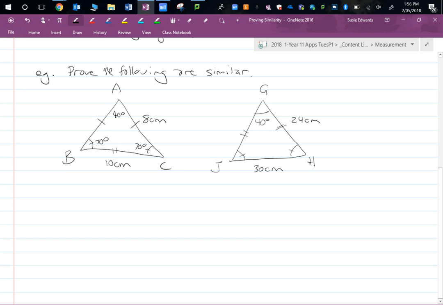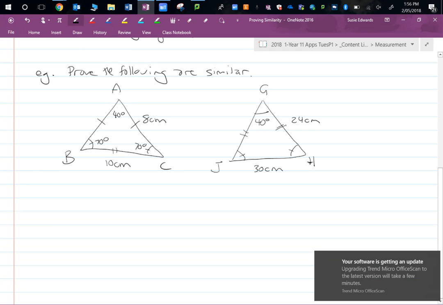Okay, now the one thing which will help you with this is, remember how in those rules it said corresponding? Sometimes they're not written perfectly where the corresponding angles are next to each other, and they're not always drawn the same way. Like this triangle could be drawn turned around or reflected, so it could be like a mirror image.